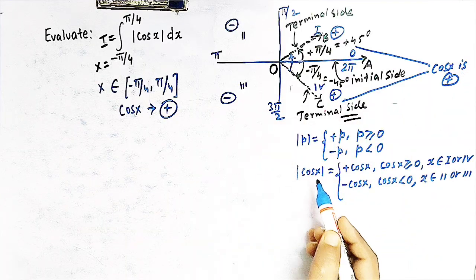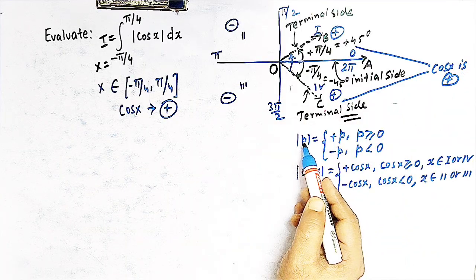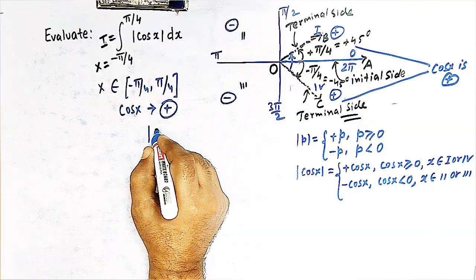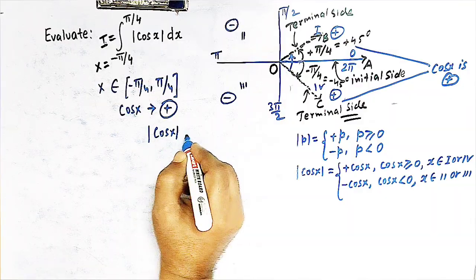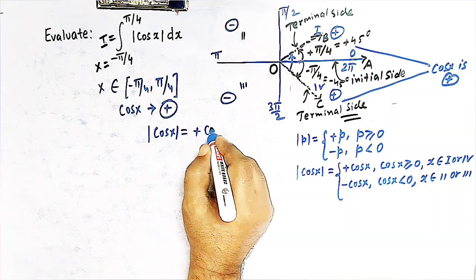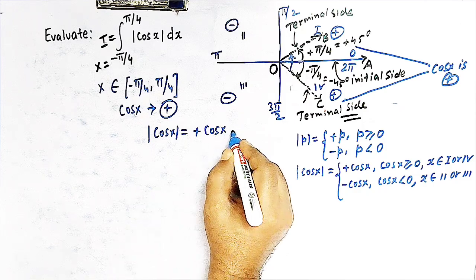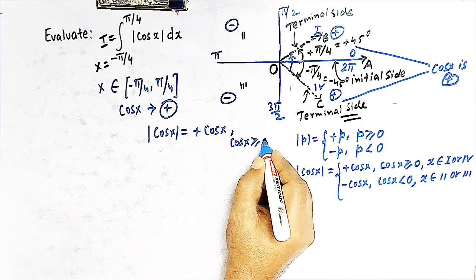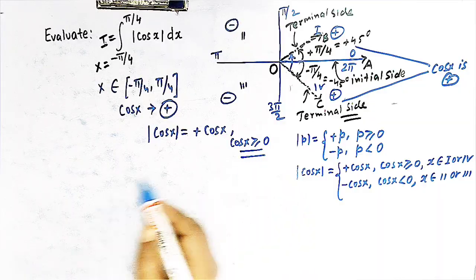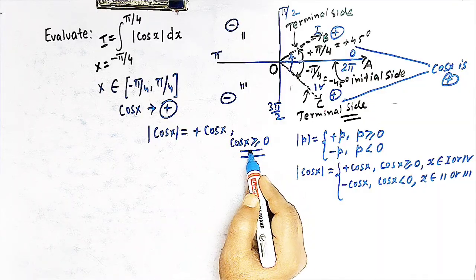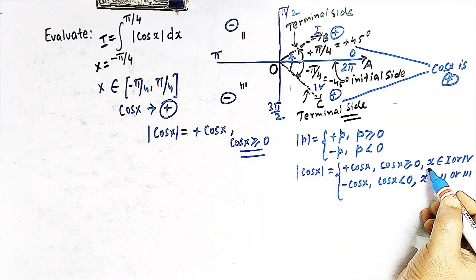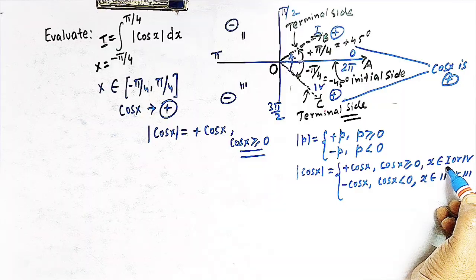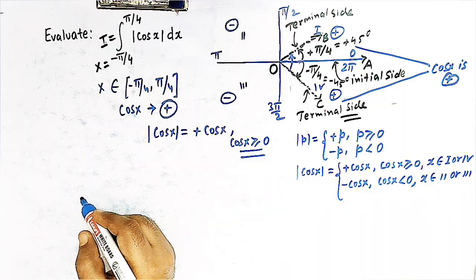So from the definition of mod function, we can now write mod of cosine x is equal to positive cosine x when cosine x is greater than or equal to 0, and cosine x is greater than or equal to 0 when x belongs to either the first quadrant or the fourth quadrant, right?